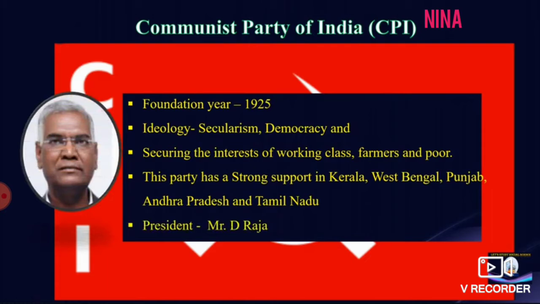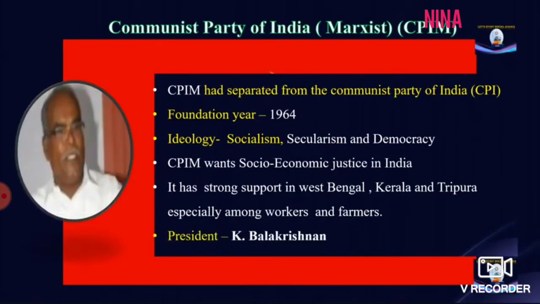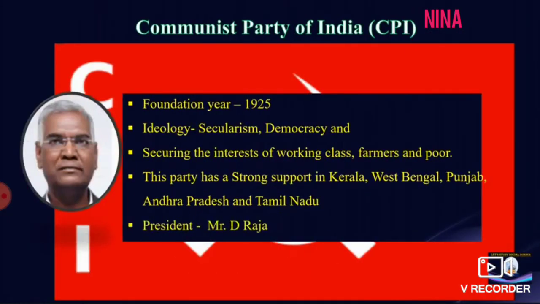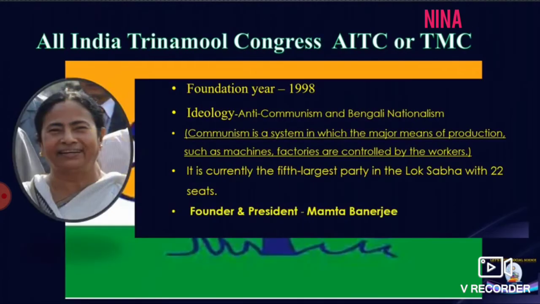This party has strong support again in Kerala, West Bengal, Punjab, Andhra Pradesh and Tamil Nadu. The president of CPI is Mr. D. Raja, and for CPIM the president is K. Balakrishnan. Don't get confused, children.